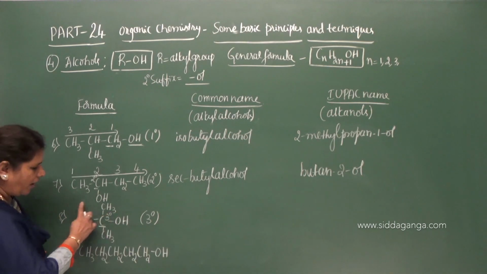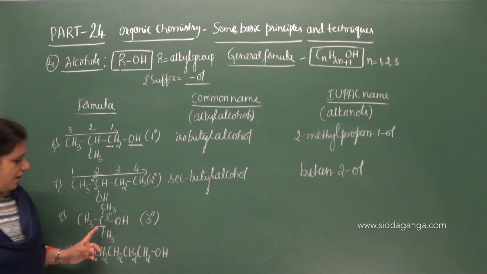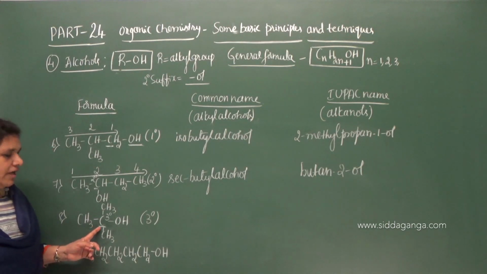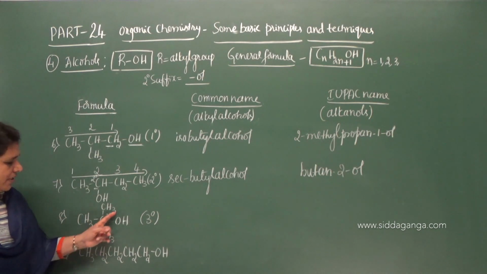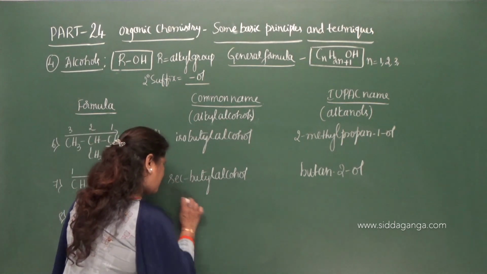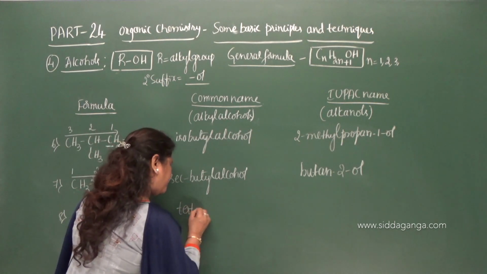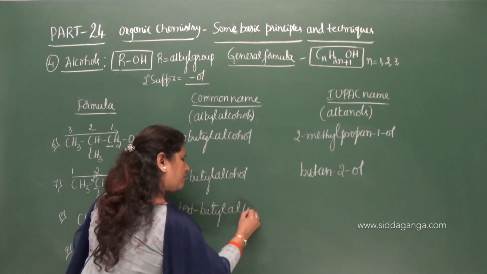Now give the common name. This is tertiary butyl. When an alkyl group contains at least one tertiary carbon, then you can name it as tertiary. Correct? So the prefix will be tertiary butyl alcohol. So the name of the alkyl group is tertiary butyl alcohol.